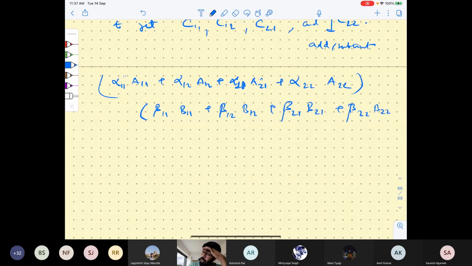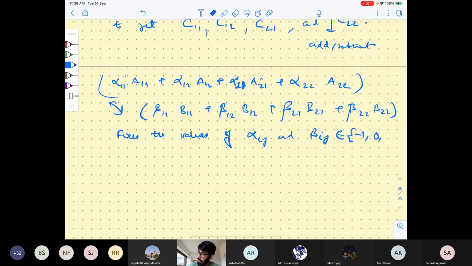Now he looks at this product and fixes the values of alpha ij and beta ij from -1, 0, and 1.